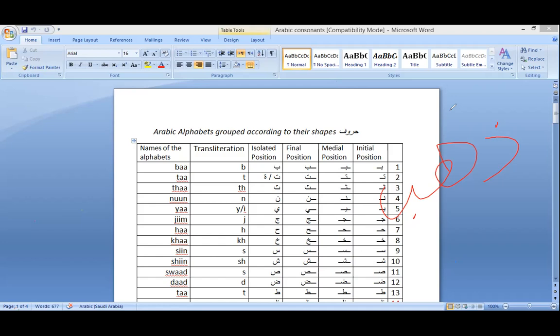If it's P, you take it to B. If it is V, you take it to Fa or F. If it is Cha, you take it to Sha, and the rest. Is that clear to everybody? Yes, sir. Anything you want to ask before we move?